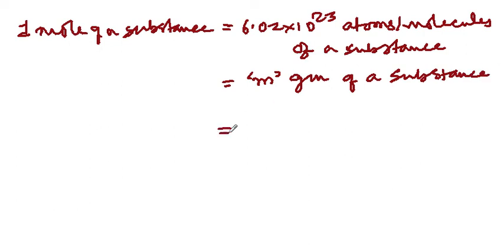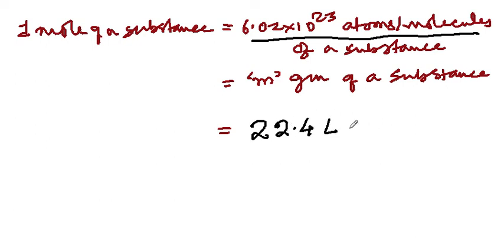And most importantly, what we should understand is that this many atoms or molecules of any substance have been found to have the same volume. Their volume happens to be 22.4 liter, or decimeter cube.